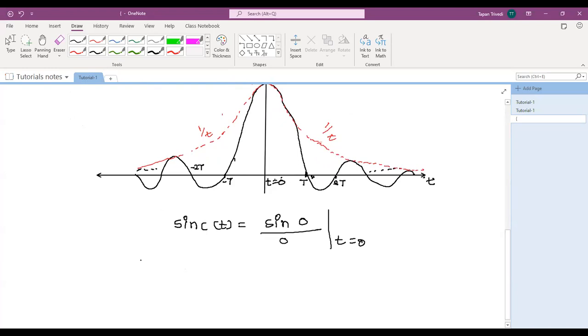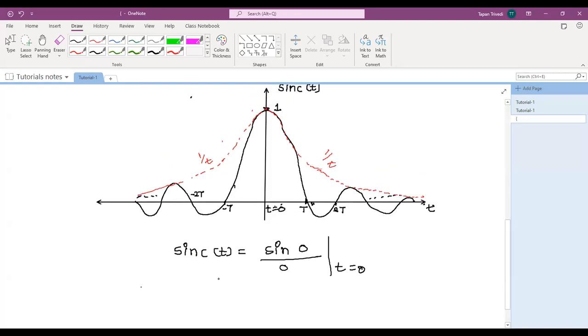Tell me. If you have studied mathematics earlier during your school, you must have gone through this: sin 0 upon 0, and yet you are getting the value 1. How is that possible?